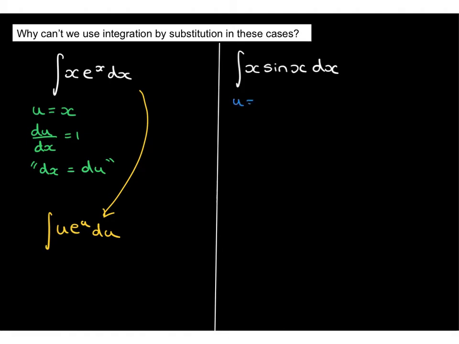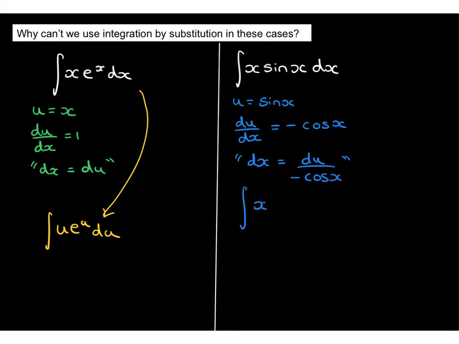Now, if we let u equal sine x, then as soon as you start differentiating, you can see that you're going to get a result which isn't going to have any neat cancellation, and you'll end up with, most likely, an even more complex integral than the one you started with, a mixture of x and u, and we can't easily replace the variable x in terms of u.